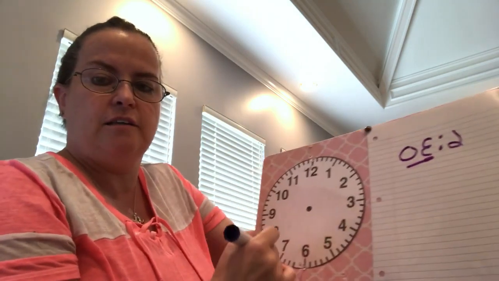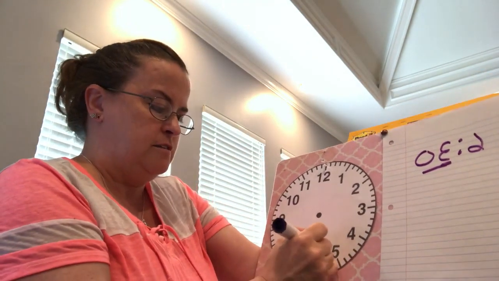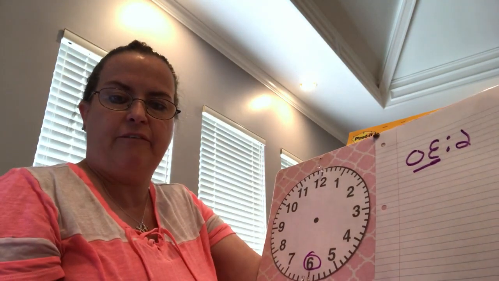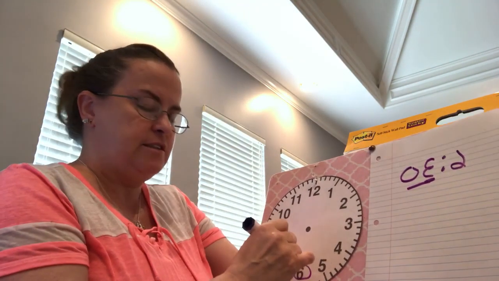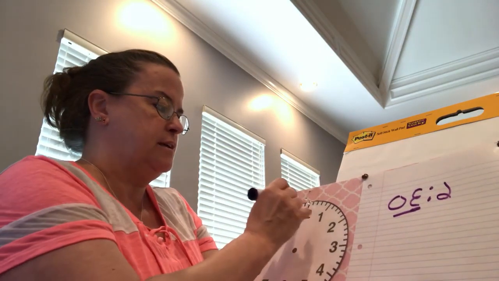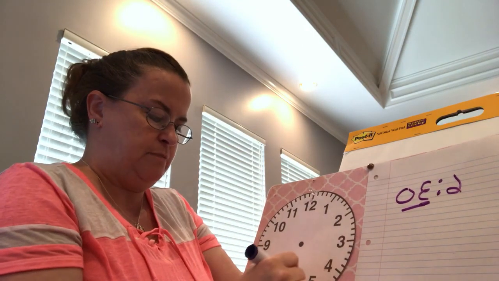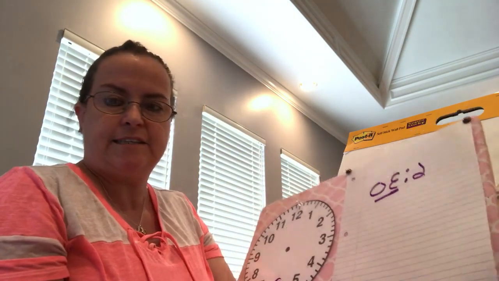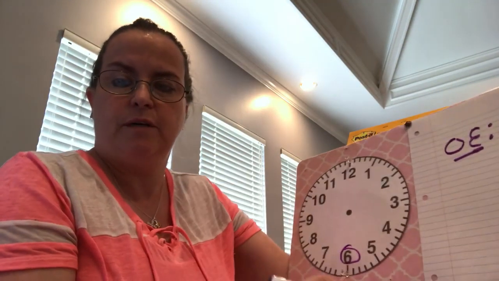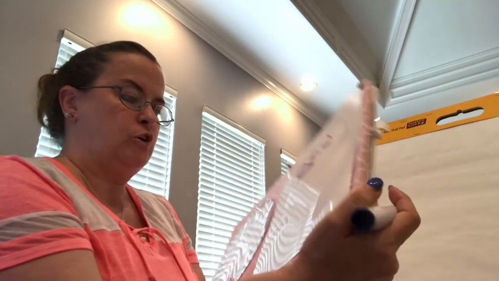If you're looking on an analog clock, that is your half hour. The 6 is always the half hour because there are 30 minutes between 12 and 6. That is how we are going to be able to tell the time to the half hour.